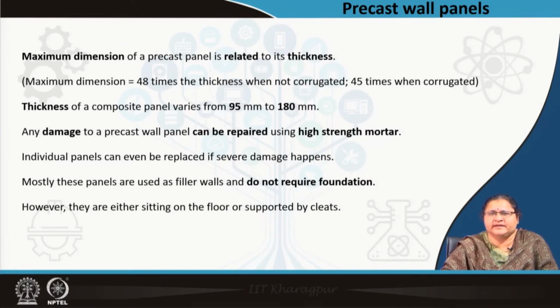So something around 1.5 meters by 1.5 meters will be its dimension if it is 30 millimeter. So something around 60 millimeter or thick panel will be having a 3 meter by 3 meter size without any corrugation. And any damage to such thin wall can be repaired.